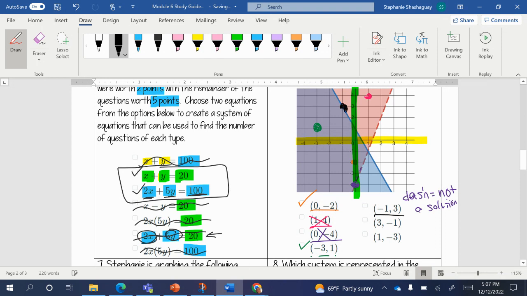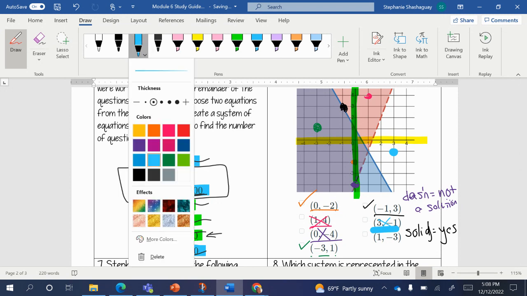That is also a solution because it's on the solid line. See how that line is solid? Solid is equal to, yes, it's a solution. Now if I look at these other 2 points, 3 and -1 is right here, so that is definitely not a solution. So we cross that out.